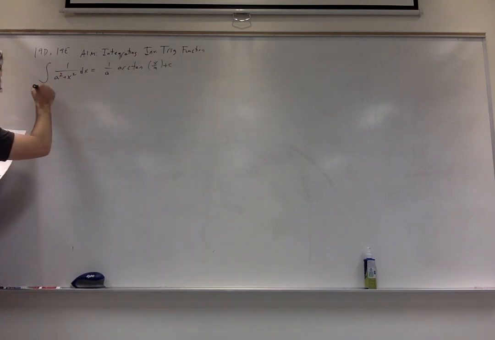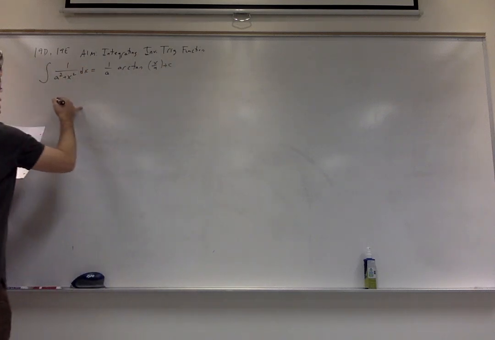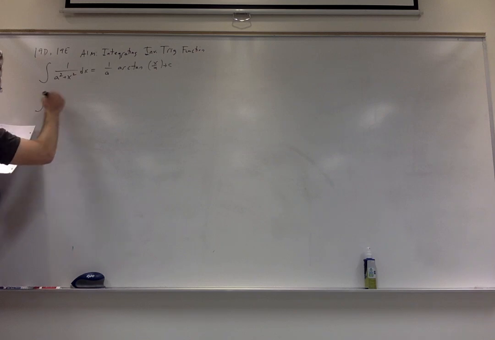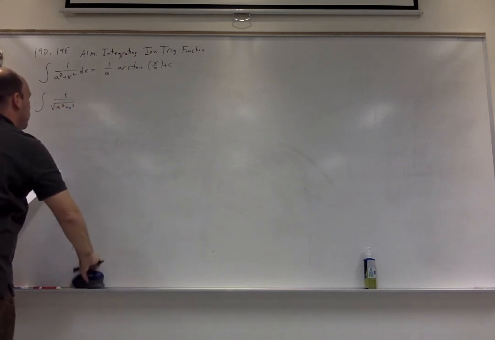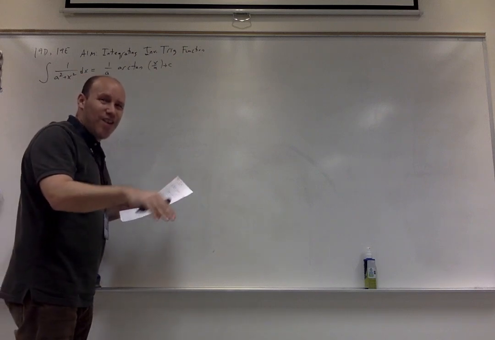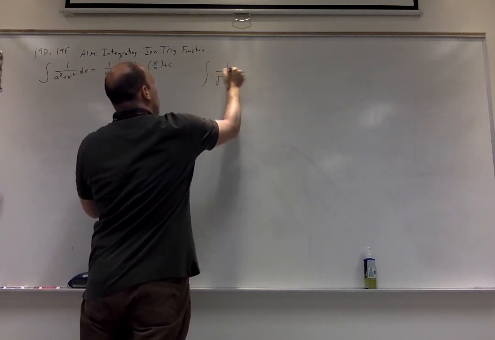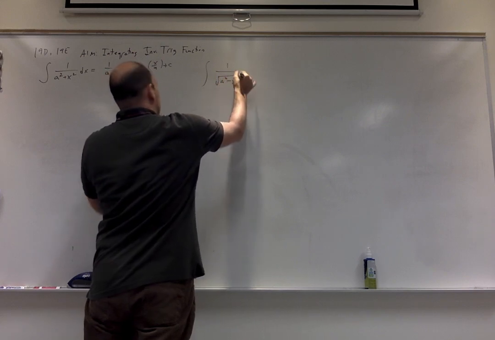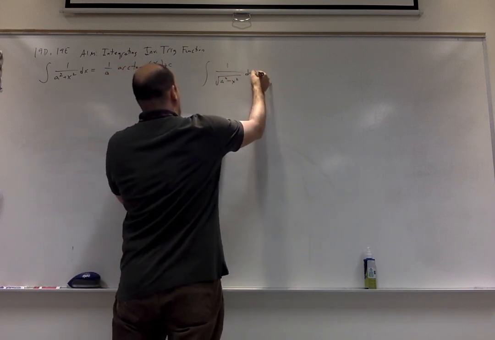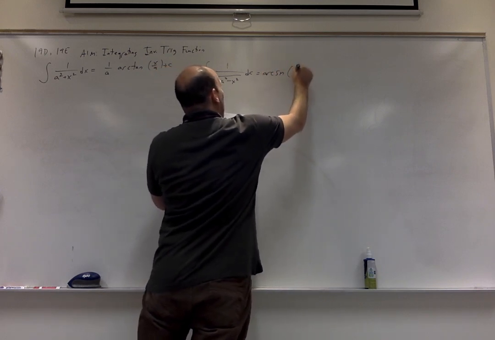You're also going to see the integral of 1 over the square root of a squared minus x squared dx equals the arc sine of x over a plus c.